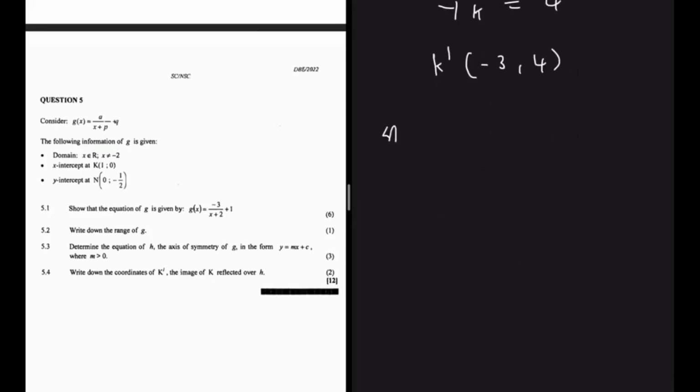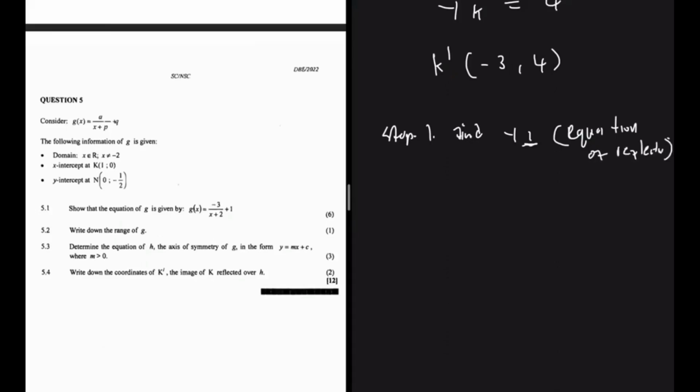Whoa, that's a lot, and you've probably forgotten the steps you have to follow. So step 1, find y perpendicular, the equation of y perpendicular, being perpendicular to the equation of the line of reflection.